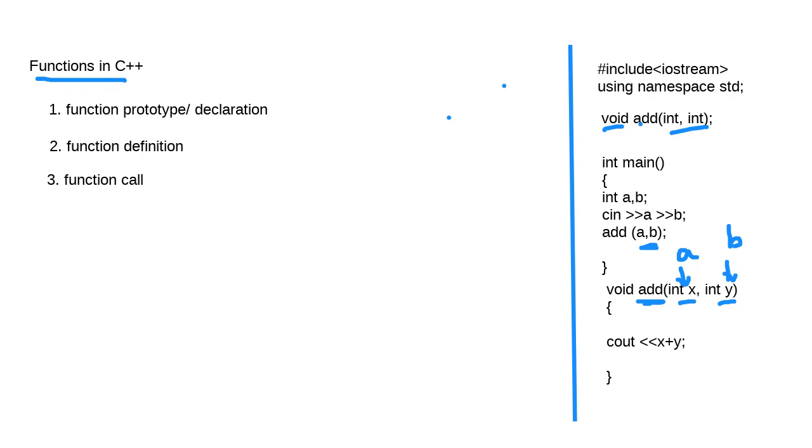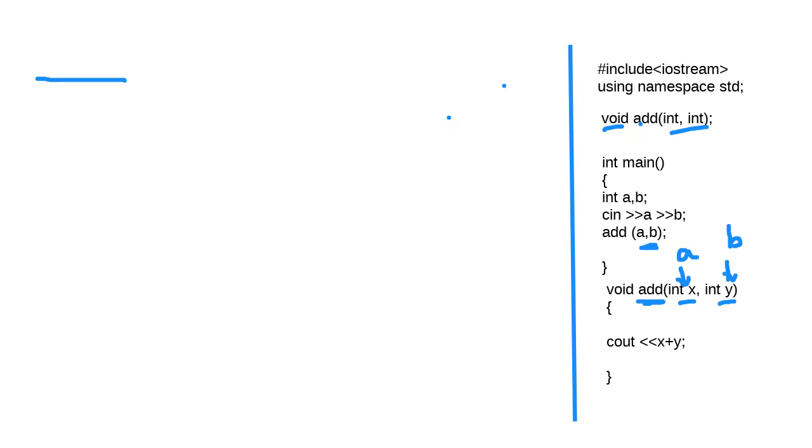That's called by value, right? There are two ways to pass parameters to a function. One is called by value and the other one is called by reference, right? And the one which we are using here is call by value because I'm creating new variables and storing the values of a and b in new variables, right?